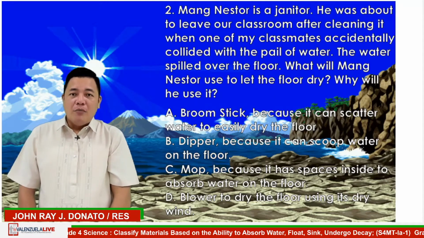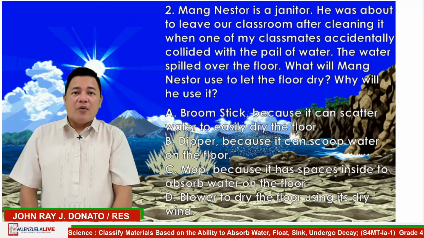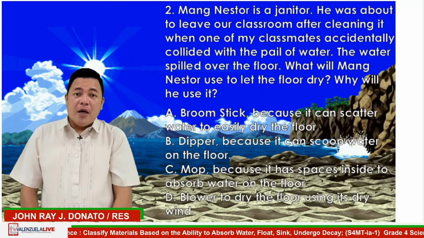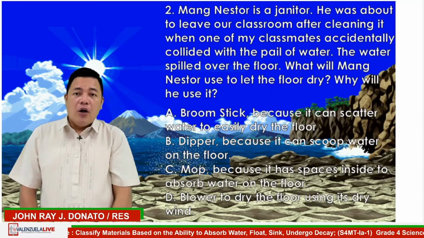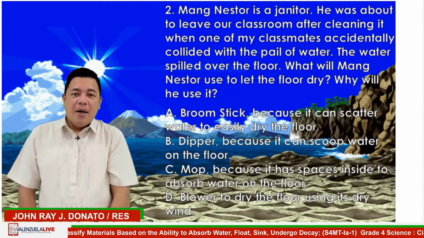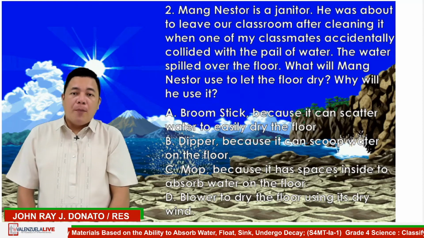A. Broomstick, because it can scatter water to easily dry the floor. B. Dipper, because it can scoop water on the floor. C. Mop, because it has spaces inside to absorb water on the floor.